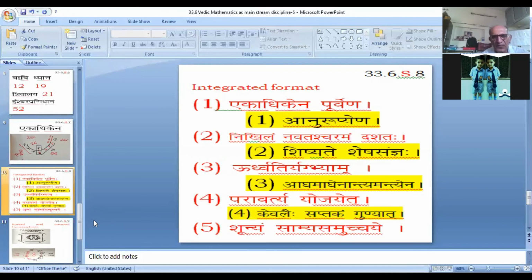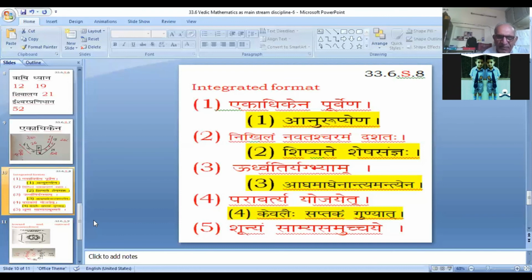The integrated format of Ganita Sutras and Sutras is of a specific feature that the gaps between the consecutive sutras mathematical domains are bridged by the Ganita Sutras. The gap between Ganita Sutra 1 Ekadikena Purvena and Ganita Sutra 2 Nikhilam Navatashcaramam Dashatah is bridged by Ganita Sutra 1 Anurupyena.